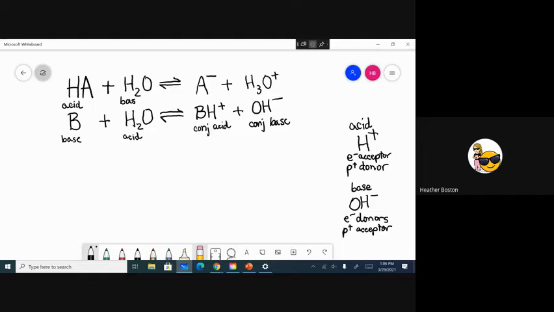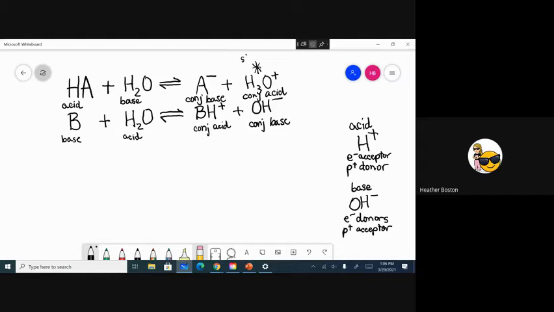So here's what it looks like. Water can either act like an acid or a base, and you're seeing both of them. This is both situations. So let's go over the conjugates. This guy is super, super, super strong. Therefore, his conjugate is going to be the weakest.